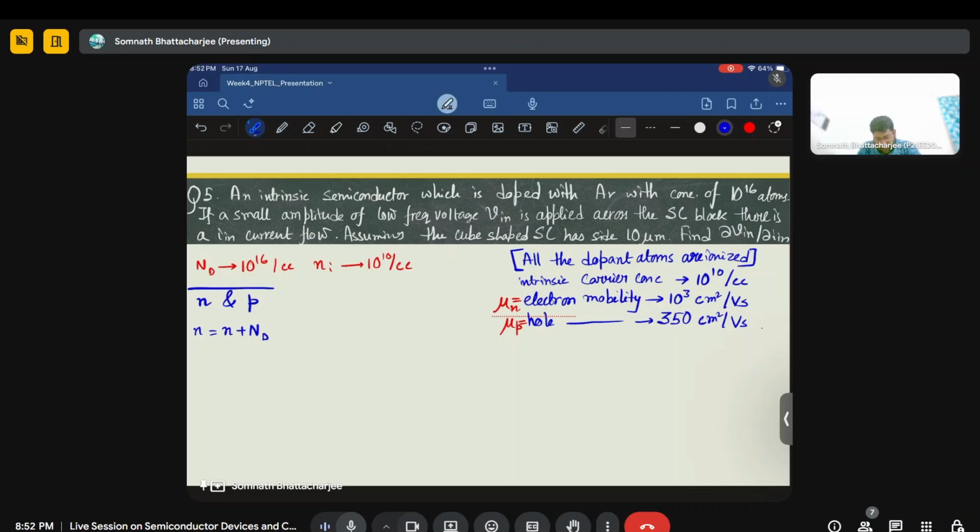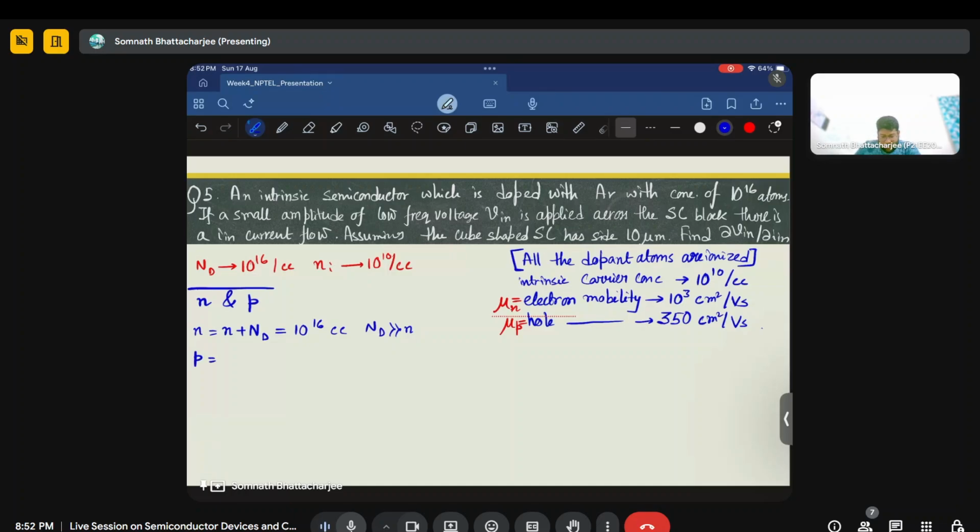And from this, we can know that the value of n would be 10 to the power 16 per cc, as Nd is much greater than n. So 10 to the power 16 plus 10 to the power 10 is nothing but 10 to the power 16. So we have got the value of n.